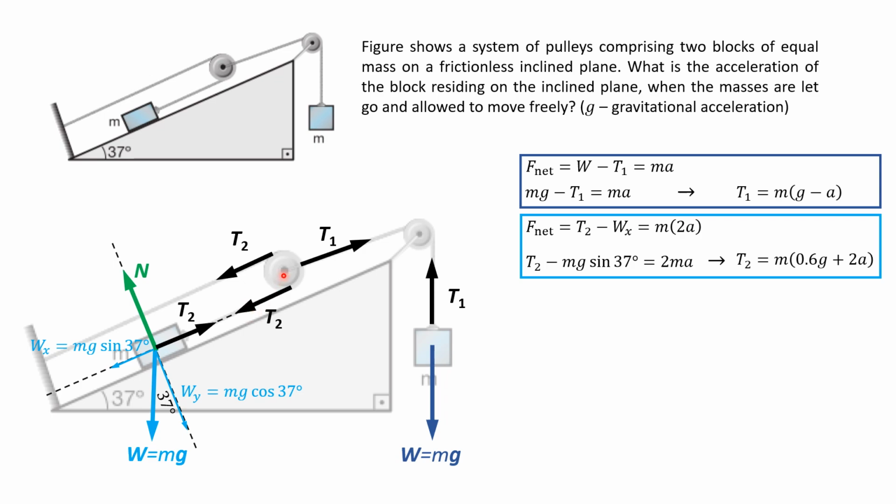But also note that the whole pulley moved up by 1 meter. So the second block will move up by 1 plus 1 meter, which is 2 meters, right? So for example, if you consider just a particular time interval, when this block moves by 1 meter in that time interval, this block will move by 2 meters.